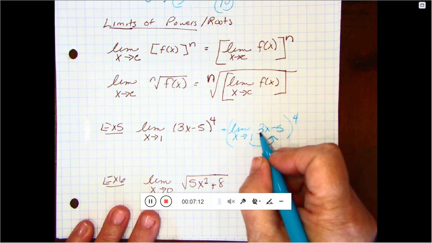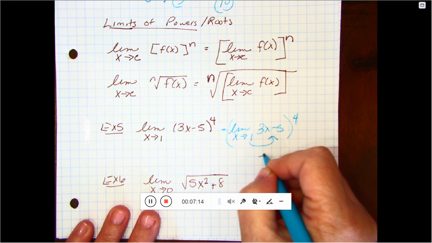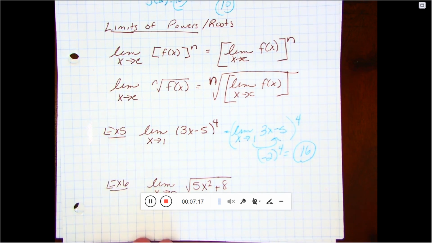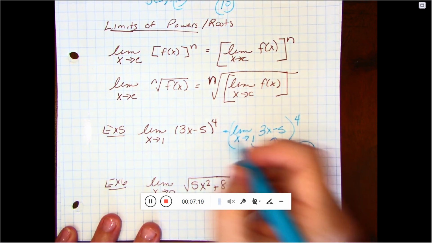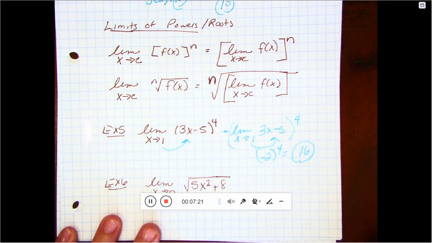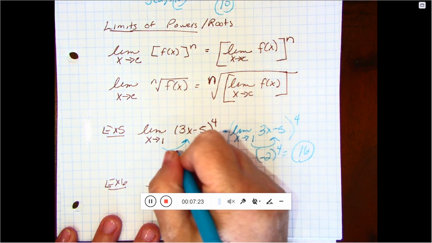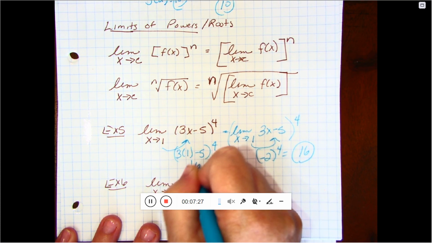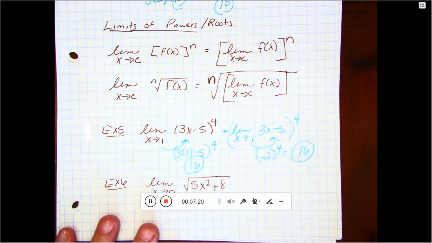So this becomes 3 times 1 minus 5, which is negative 2, to the 4th power, which is 16. Again, could I have just plugged 1 in? 3 times 1 minus 5 to the 4th power is also 16.